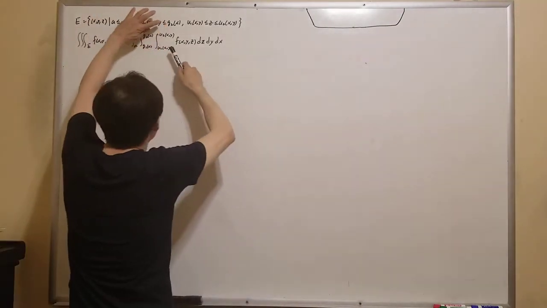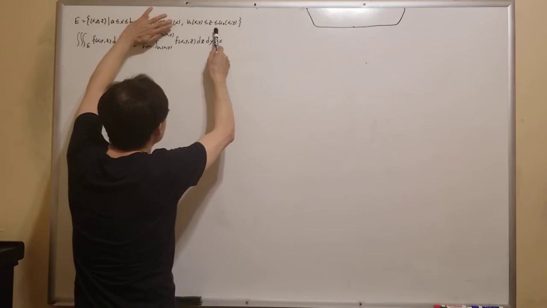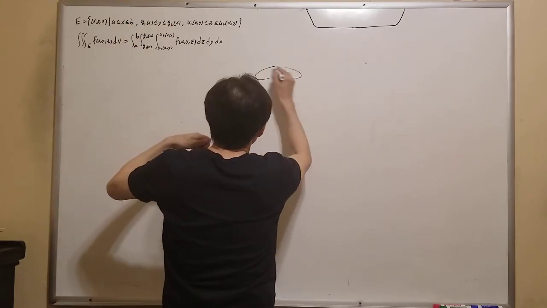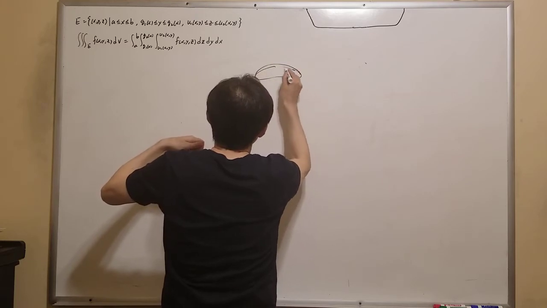So for given (x, y) in the domain D, z runs from u1 of (x, y) to u2 of (x, y). Something like this is your domain.